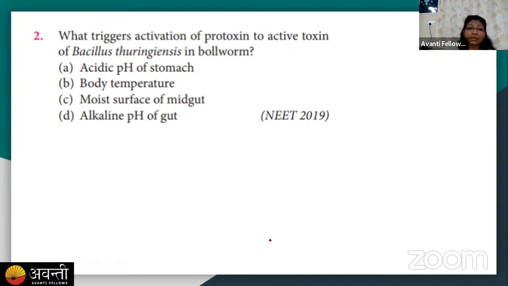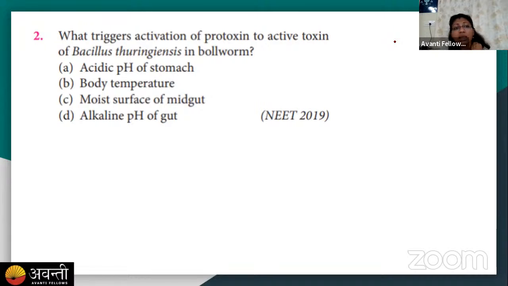Option A, acidic pH; option B, body temperature; option C, moist surface of the midgut; and option D, alkaline pH. You have to give your answer in this poll, and those who are unable to give the answer in the poll can give their answer in the chat box.